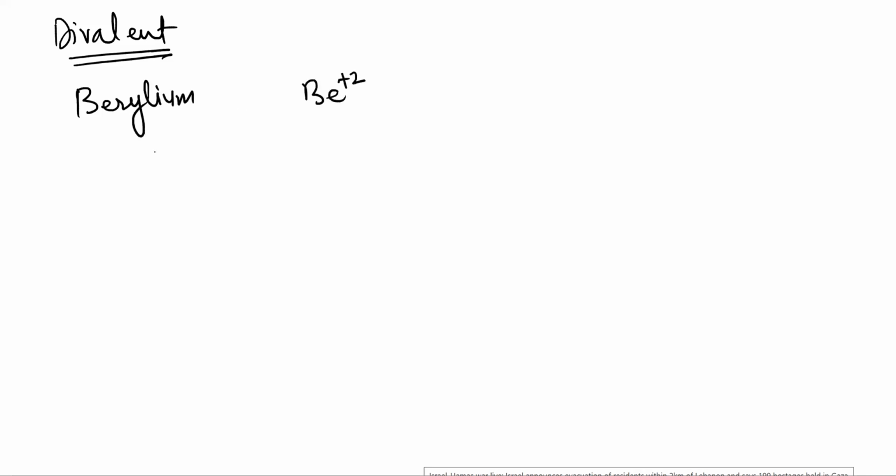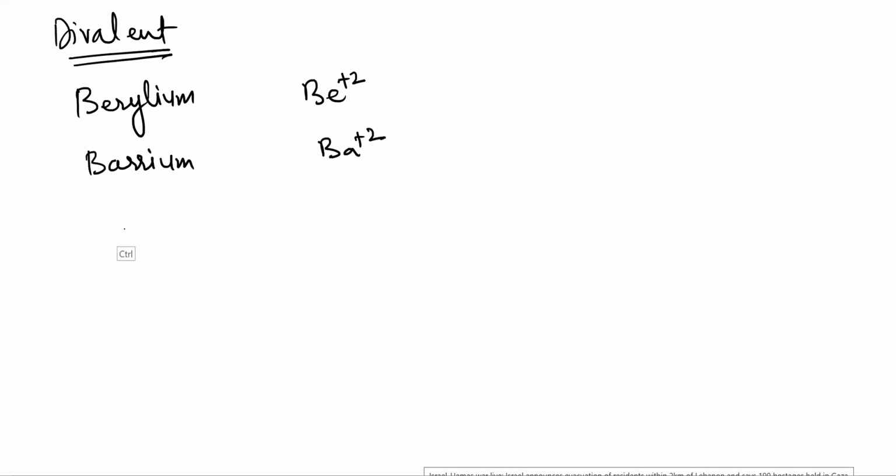Okay, now moving to the next one, divalent. Divalent means those that have valency 2. For example, we have beryllium, Be2 positive. Then barium, Ba2 positive.